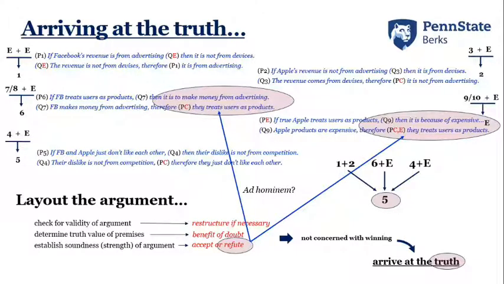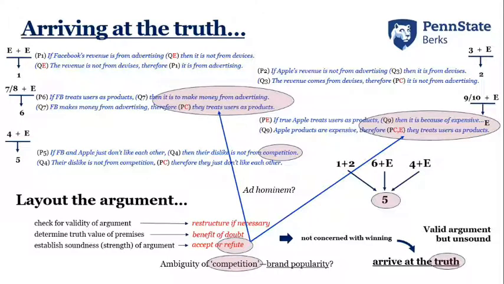So at this point, I'm going to say those two things are ad hominem fallacies. But I have another issue. I'm a little concerned about this idea that their dislike is not from competition, because I believe what they're talking about in that instance of using competition is they're saying because they don't compete with the same products, then therefore that's not why they dislike each other.